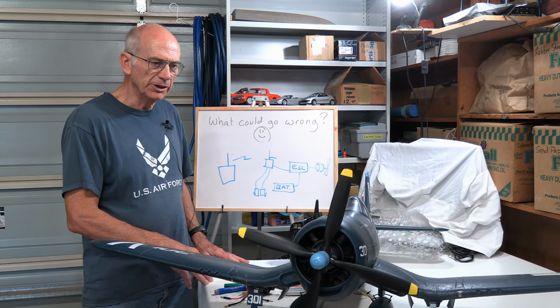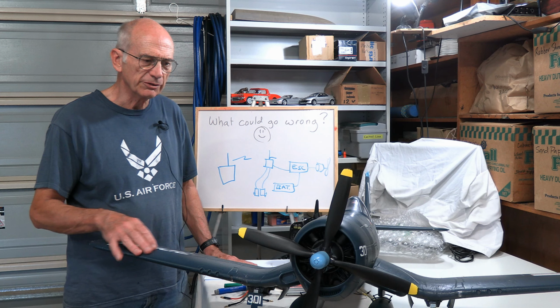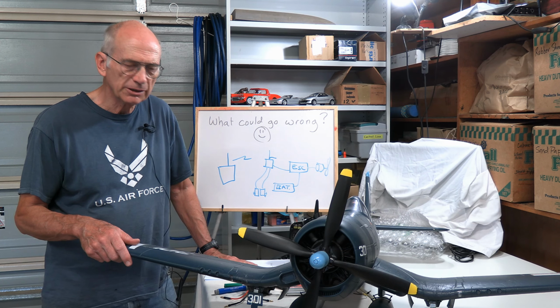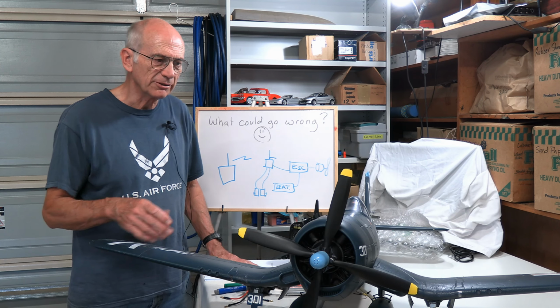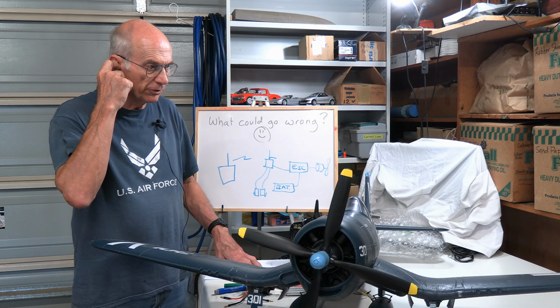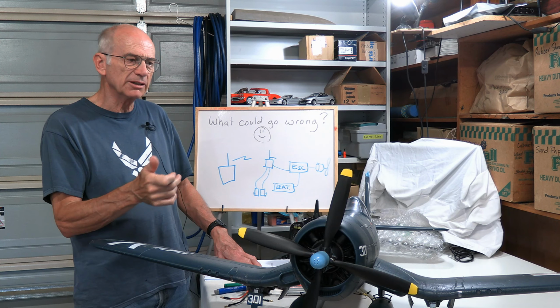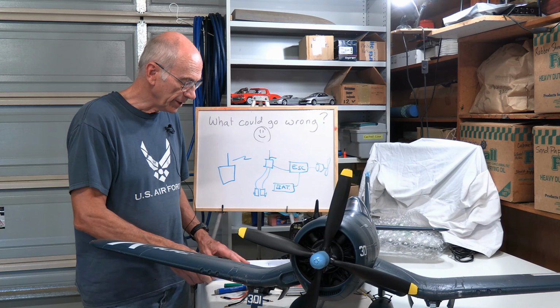Okay, next on my list is improper trim settings. It's always a bit of a challenge when you first maiden a plane. It gets its first flight up there, and you're not quite sure what to expect in terms of whether the thing is going to fly straight with neutral controls, or whether you need to add in one direction or the other, up or down, whatever it might be.